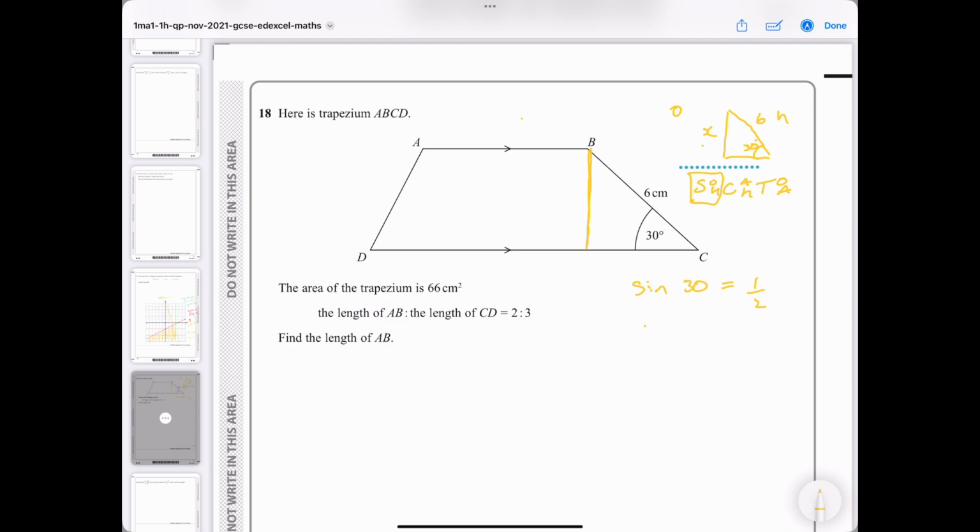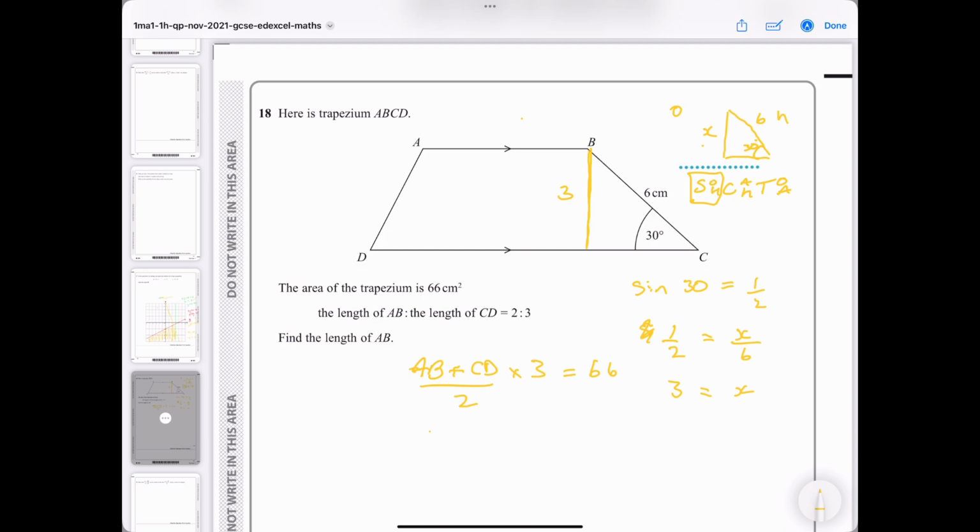And so we know half equals opposite over that. So we know it's h over 6. So we know that h equals 3. So that means the area of the trapezium is going to be AB plus CD divided by 2 times 3 equals 66.